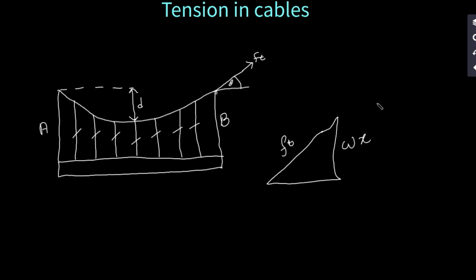Wx now is no longer WL as we had on the simple catenary part.